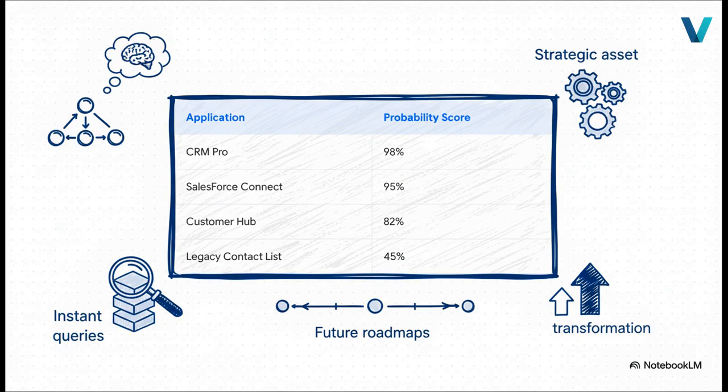You can ask it to find all the applications related to a specific function, say customer relationship management. The AI chews through your catalog and gives you a list just like this, all sorted by probability. And just like that, it's crystal clear. CRM Pro, Salesforce, yeah, those are your main players. But that legacy contact list down at 45%, that's your red flag. That's a prime candidate for retirement, which directly translates into saving money and simplifying your whole tech stack.